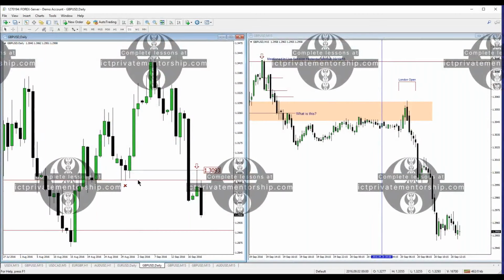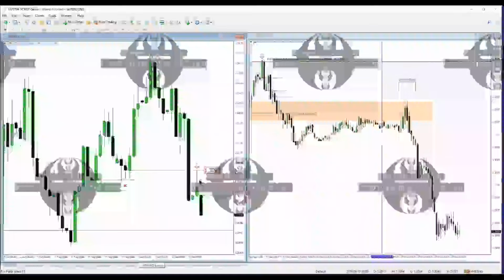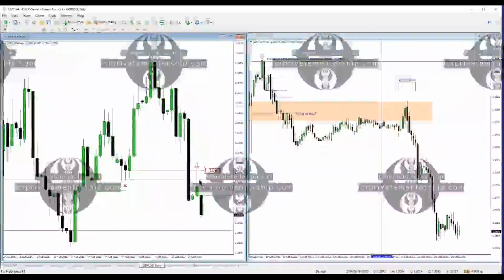So 130.62 to 130.63 should be sensitive, but we round that to the even 5 number or the even 60. So in other words, going back to this level, we're highlighting 130.63 to 130.62 as the specific level, but we round up or down. If we're below price, if we're below this level here, would we round up to 130.65 or round down to 130.60?